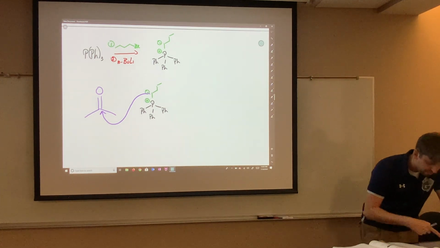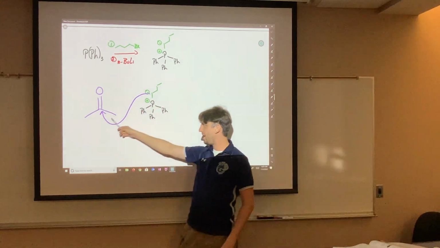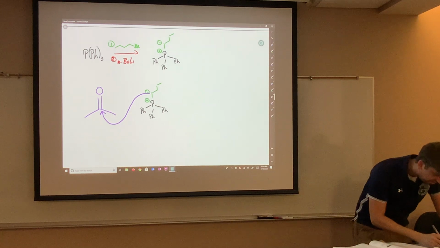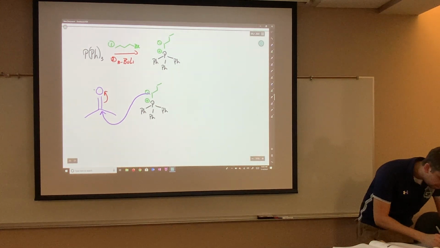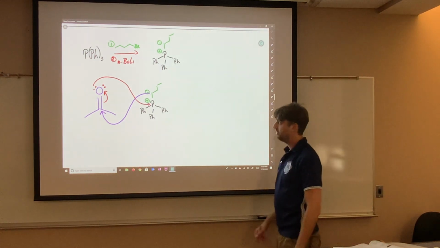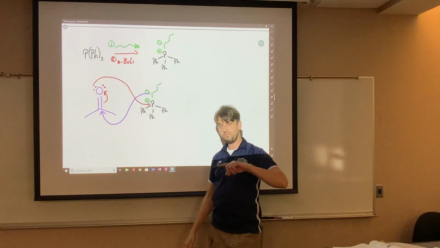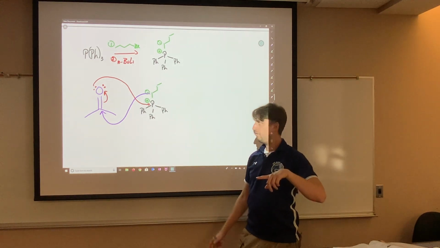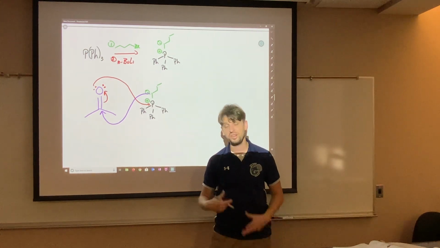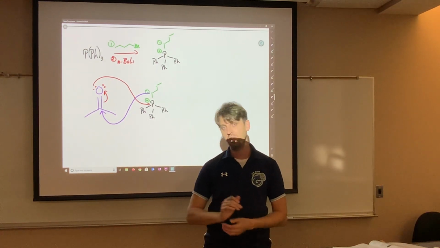At the same time, if we attack the carbonyl carbon, we have to open the door. So I could draw a series of arrows wherein I open the door and the lone pair from the oxygen attacks the phosphorus. Now you can combine those two together. We could just draw an arrow from here to attack the phosphorus. That would be just fine. That's the same net result.